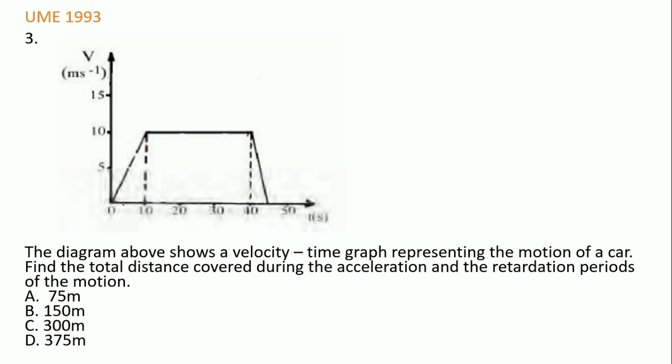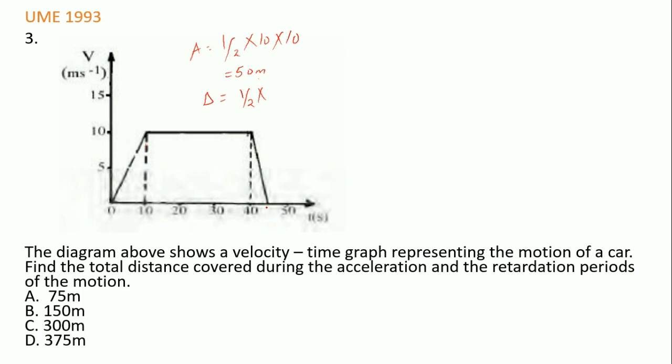So the distance covered during the acceleration period is going to be the area of the triangle. So that's going to be 1/2 times the base 10 times the height 10, and 10 times 10, that's 100 divided by 2. Of course, that is going to be 50. So we've got 50 meters. During the deceleration period or the retardation period, we've also got 1/2 times the base.